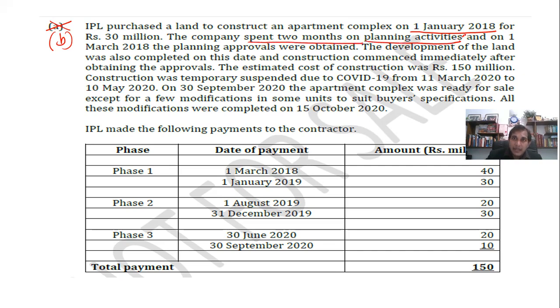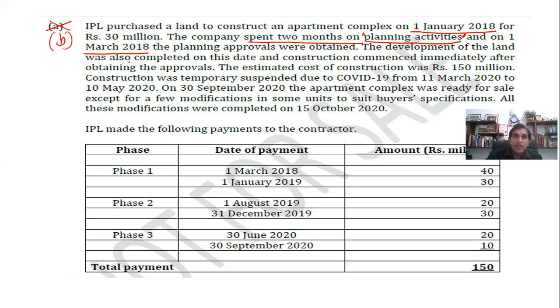Underline this, planning activities. In anything in our life, planning is essential. We need to spend time for planning. If we miss that planning, the entire thing can go wrong, right? So planning is essential. So here also they have done planning activities for 2 months, and on 1st of March 2018 the planning approvals were obtained.